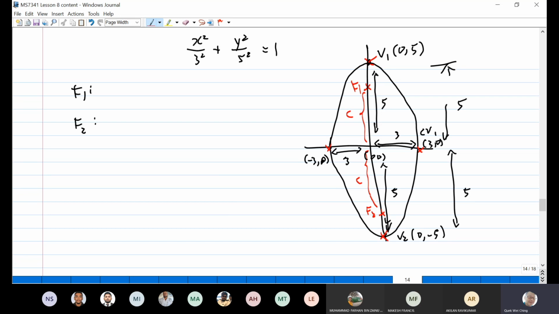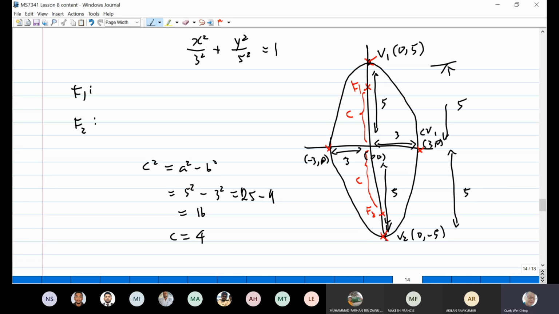We have a formula: C squared is equal to A squared minus B squared. A squared is 5 squared, B squared is 3 squared, so 25 minus 9. We get 16. So C equal to 4 now. The square root of 16 is 4.